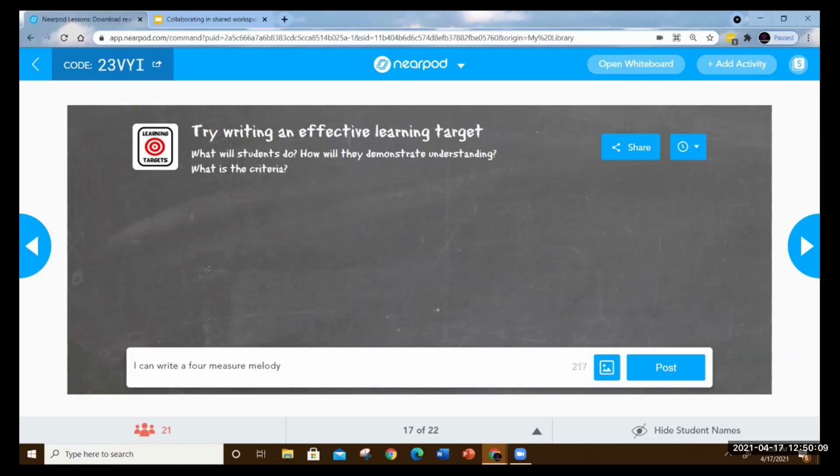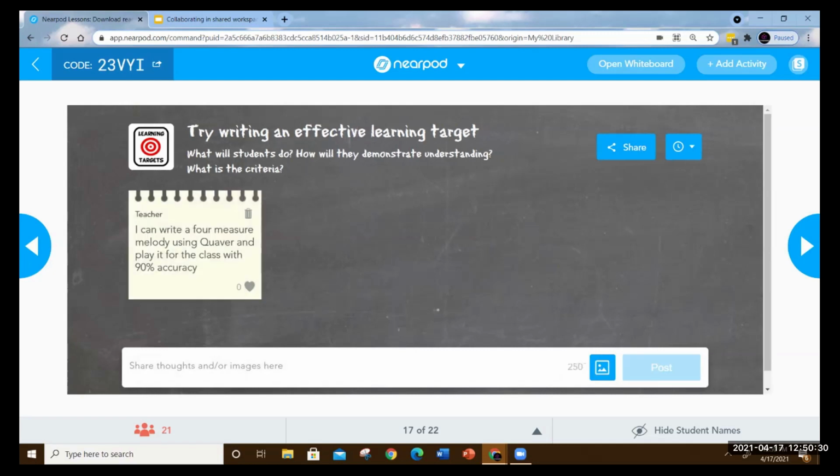Okay, so that's what I want my students to do. Using Quaver, which is a music tool, and play it for the class with 90% accuracy.